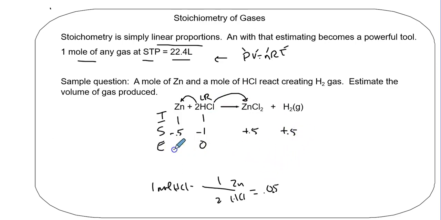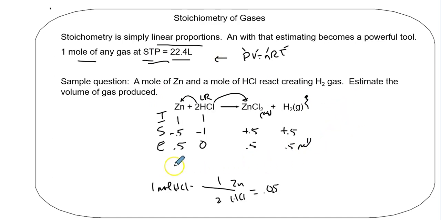So this is 0.5 left over, and 0.5 and 0.5. Estimate the volume of gas produced. This is an aqueous solution, and this gas is the only gas produced. So I have, in this case, 0.5 moles of gas.